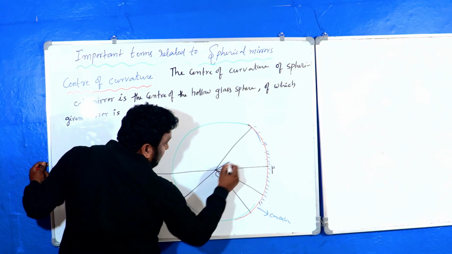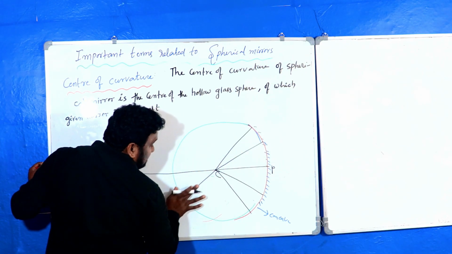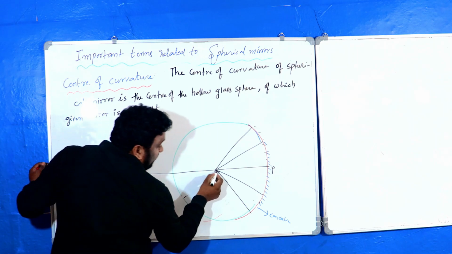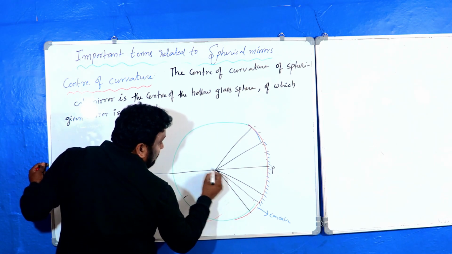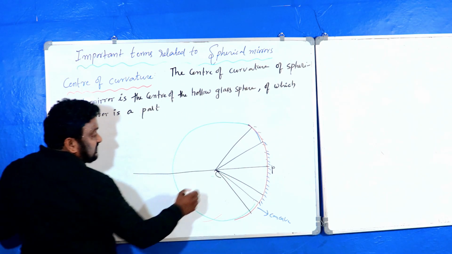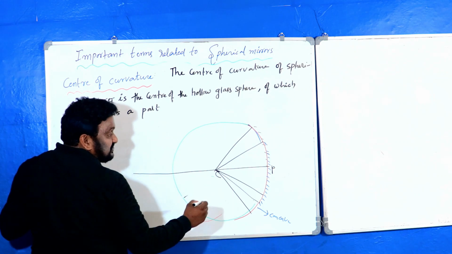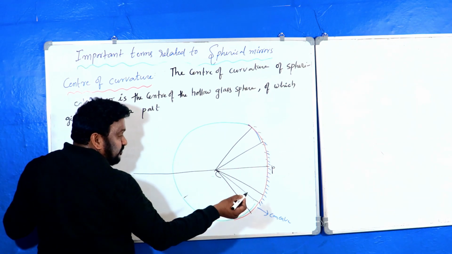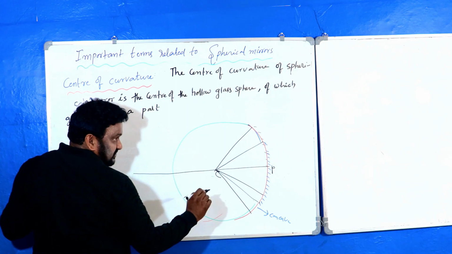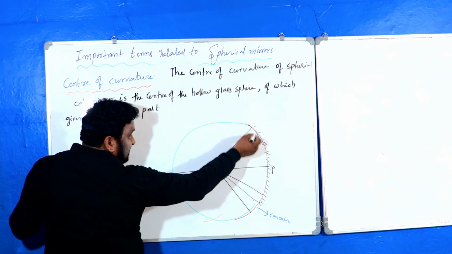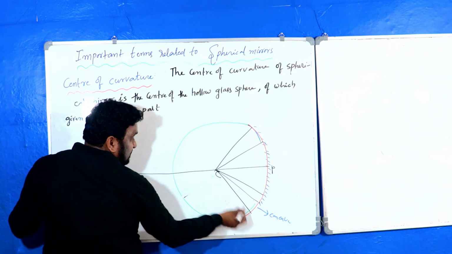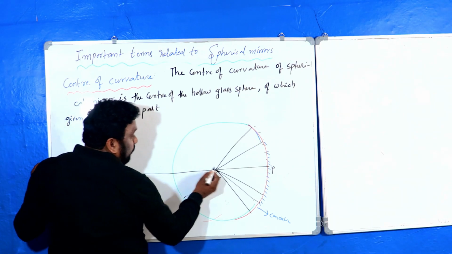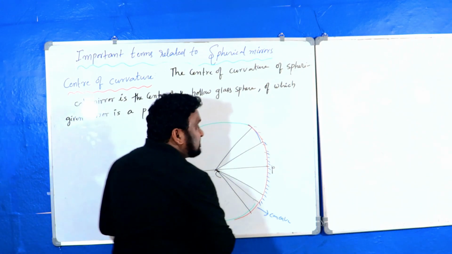We are drawing many normal lines from the reflecting surface, and they meet at one particular point. That point we call the center of curvature. This is also another definition of the center of curvature. Clear? The normal lines drawn from the reflecting surface meet at one particular point, and that point we call the center of curvature.